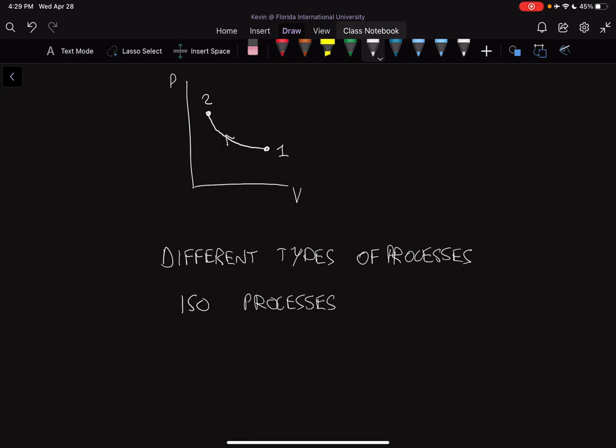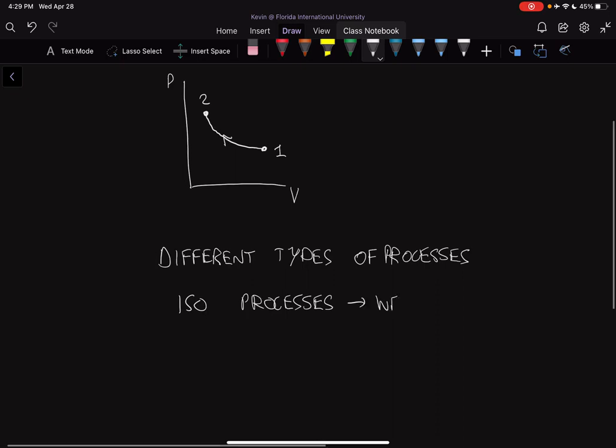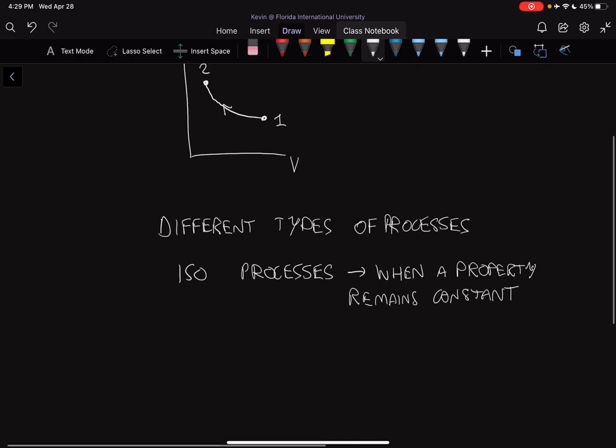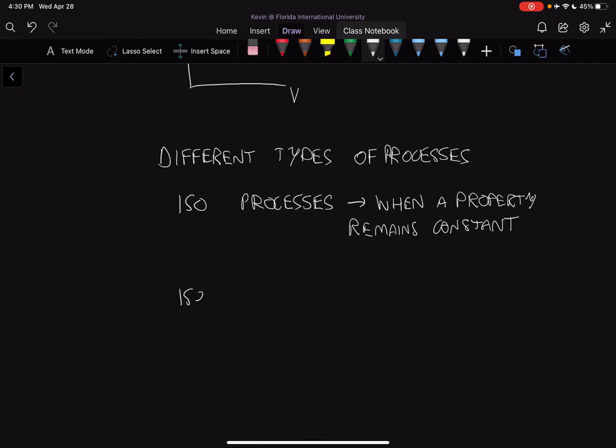And what we mean by iso processes is processes where a property remains constant. In this class, we're going to go over a few of the different iso processes. One iso process is called an isothermal process, which you might have heard of before. An isothermal process is when temperature remains constant.